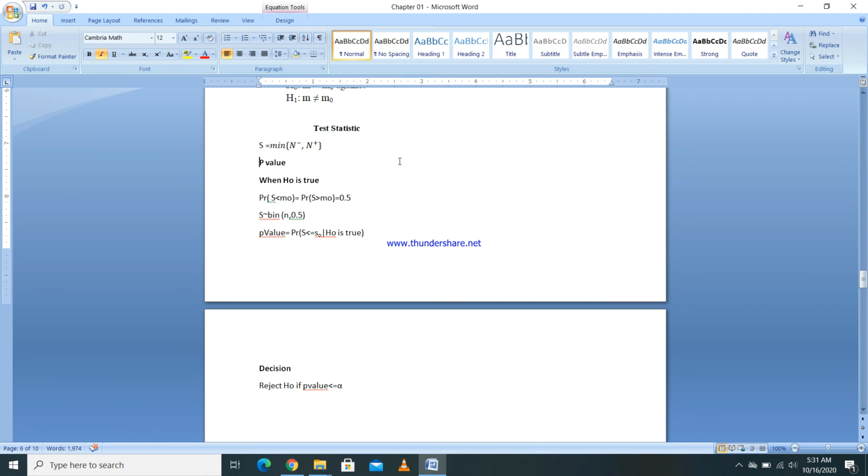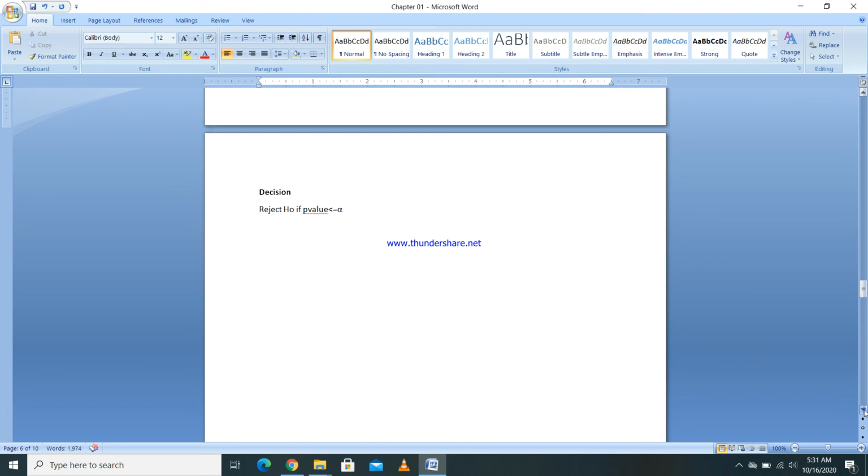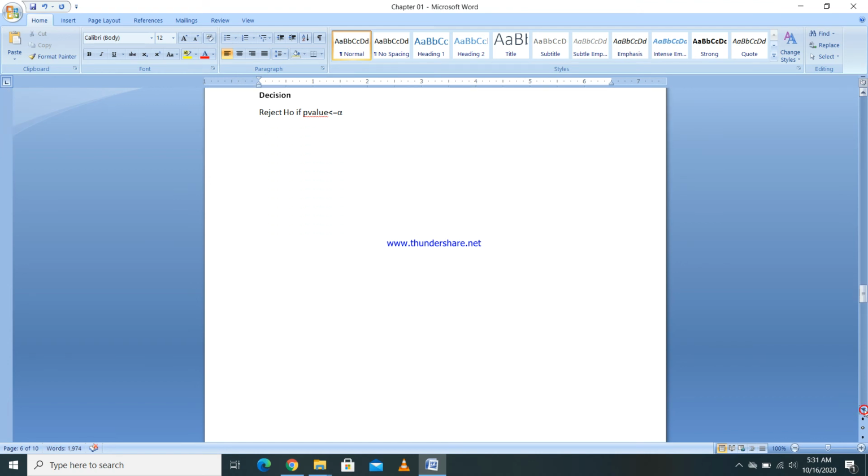And again when you take the p-value, when H naught is true we have this binomial distribution, so you calculate this probability, and since this is a two-sided test you have to multiply this by 2 to calculate the p-value. And then the decision we take in the same manner, that is we reject H naught if p-value is less than or equal to alpha.